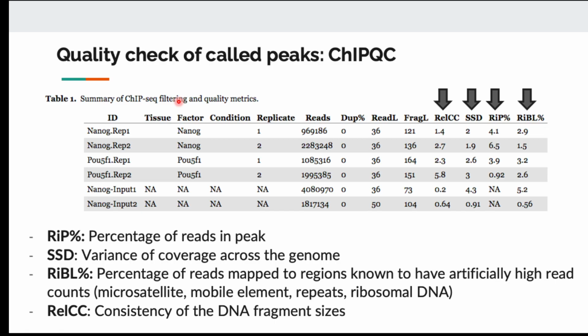So there are several ways that we can check the quality of the ChIP-seq result after we call the peaks. The first one, which is abbreviated as RIP, not rest in peace, is the percentage of reads that are in the peak area. Why is this important? Because when we perform ChIP-seq, we are not sequencing the entire genome. By the design of the chromatin immunoprecipitation, we are hopefully sequencing only the region with the protein.